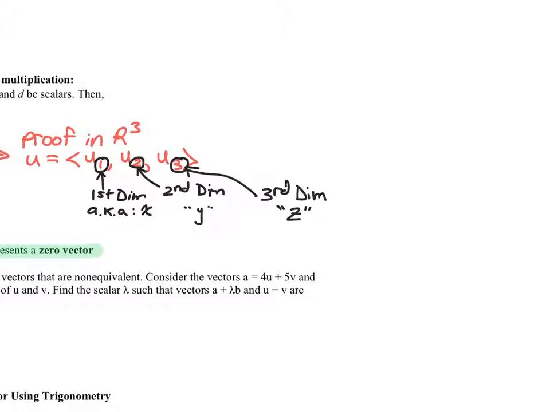So this proof is really just saying, because again, it's telling us that u plus 0 equals u. So I'm going to take u1, comma u2, comma u3, and add to it the 0 vector, but it's in real space 3. All right, so 3 space, which means that there will be 3 components to my 0 vector.